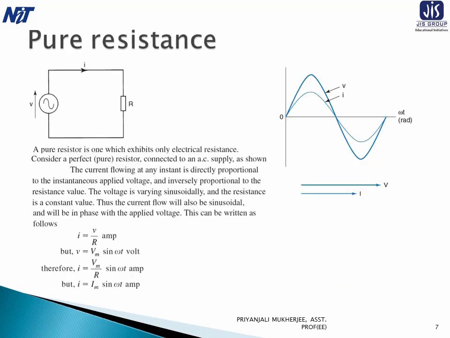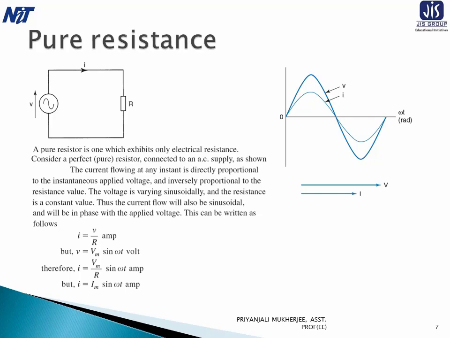So next is the pure resistance. What will happen if we connect a pure resistance to the AC sinusoidal supply? If we consider DC, then the current flowing through the resistance due to the DC supply will be DC.